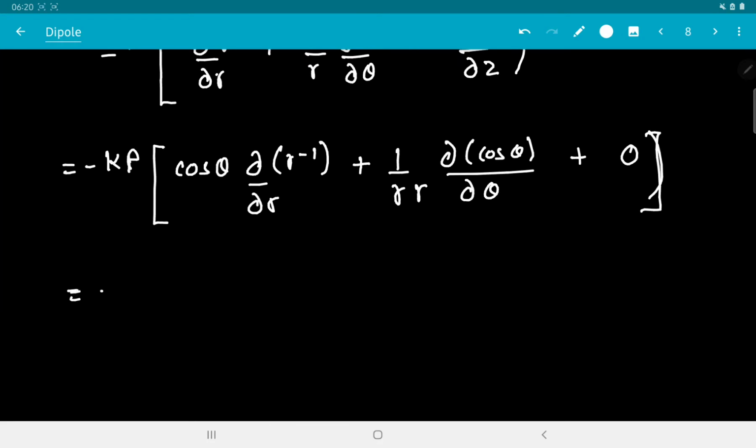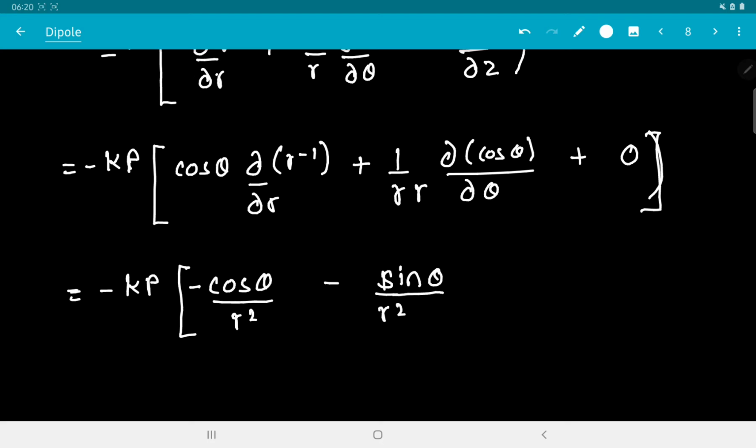So minus kp. Here we have cos theta, r raised to minus 2, we'll get minus 2 here, plus 1 by r squared cos theta, we will get minus sin theta.